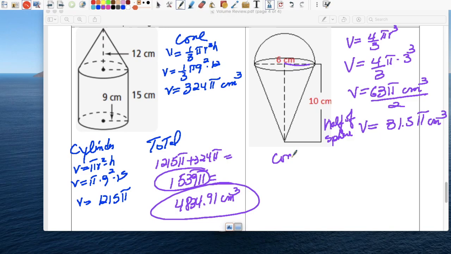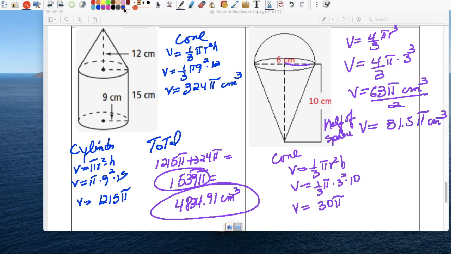The cone was at the bottom. Okay, so let's do 1/3 pi r squared h. Volume equals 1/3 pi. What's the radius? Again, the radius is 3, so 3 to the 2nd power, and the height is 10. So 9 divided by 3 is 3, and then you get 30 pi in terms of pi.